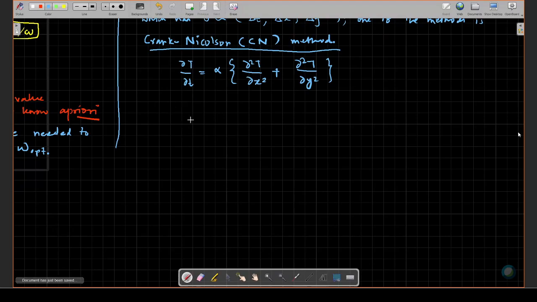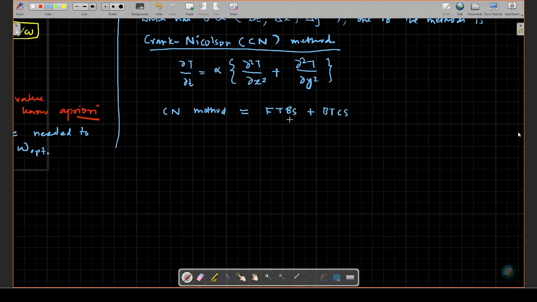So what is Crank-Nicolson? Basically this CN method is nothing but the sum of FTCS method plus BTCS method. Okay, which we have already seen, one explicit method and one implicit method.